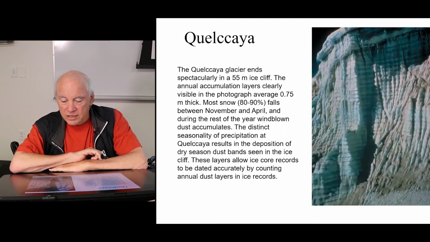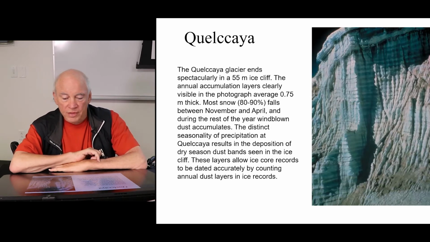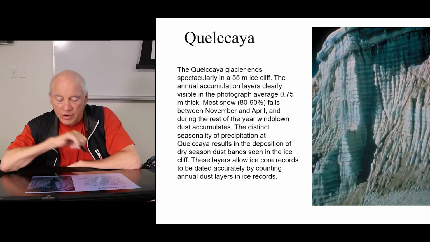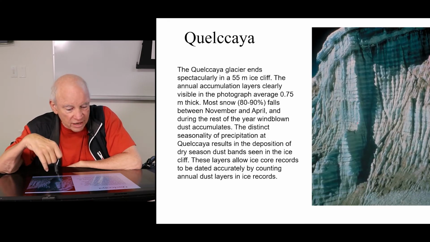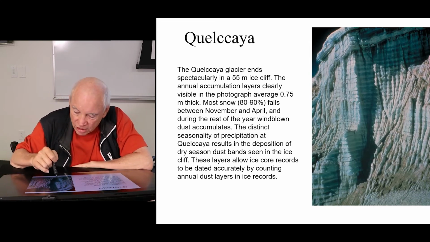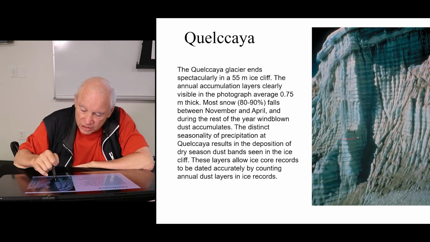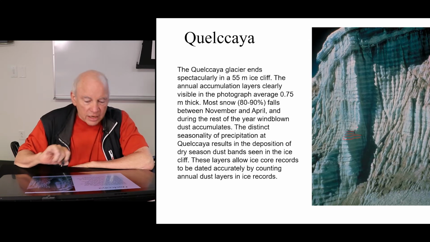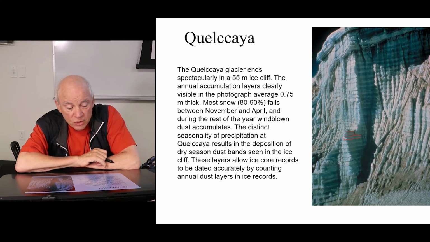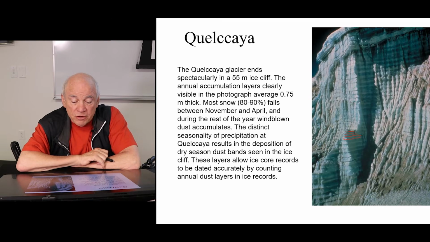Now, Quelccaya has got this beautiful stratification, its layering. So here you're seeing the end of the glacier, and you can see this huge cliff, 55 meters tall. And what you see are accumulations of ice and then dust layers. So most of the snow falls between November and April.